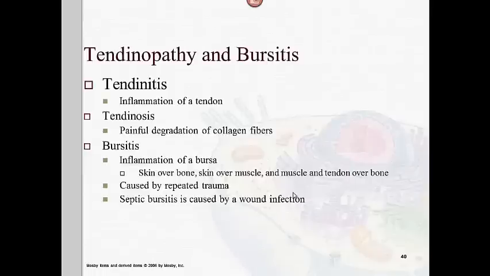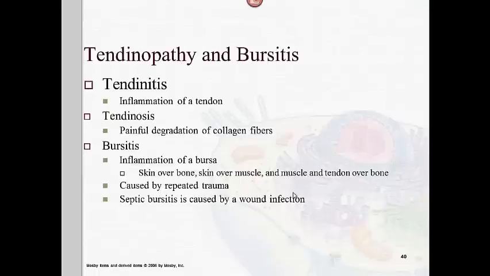You could see the actual fluid outside, creating a bursa. Etiologies are multifactorial. It could be trauma, it could be autoimmune disorder, it could be infection, or iatrogenic after surgery.